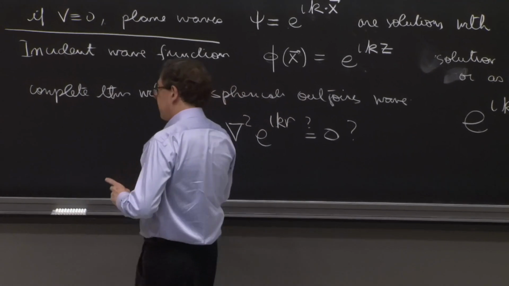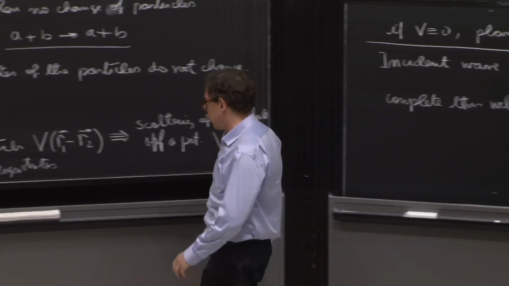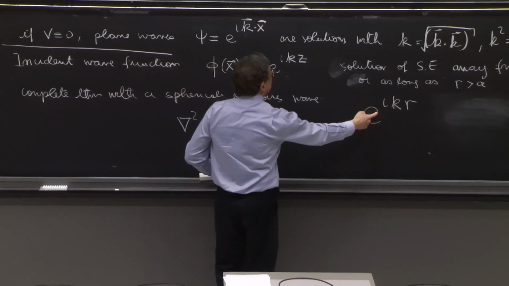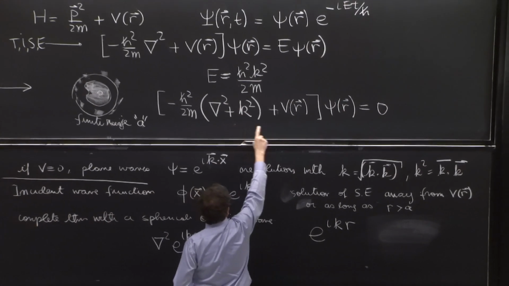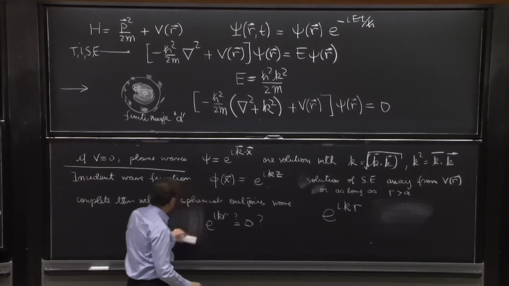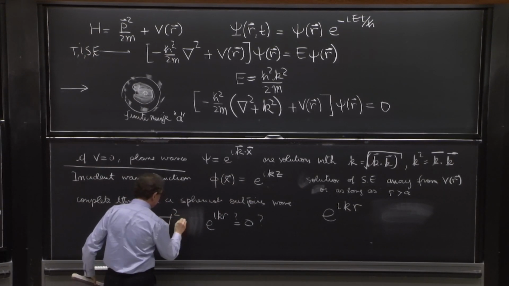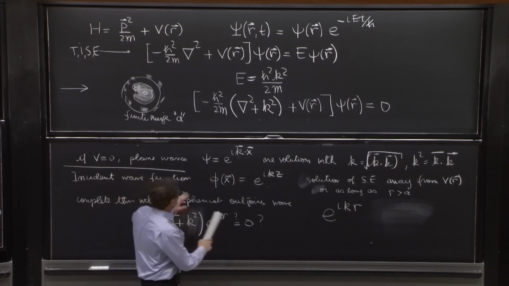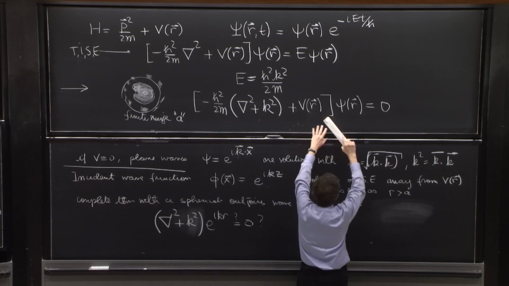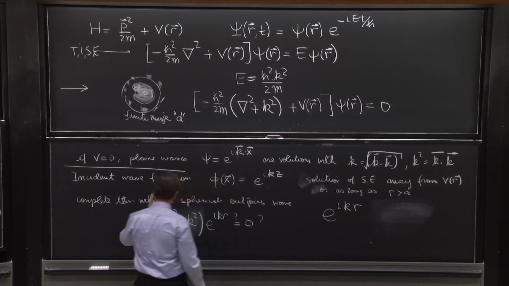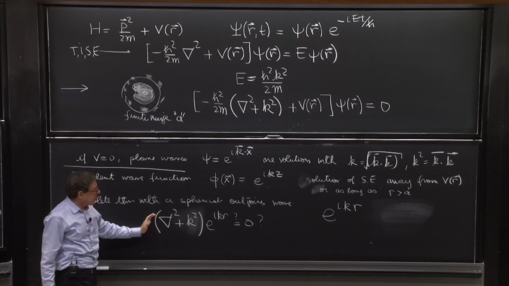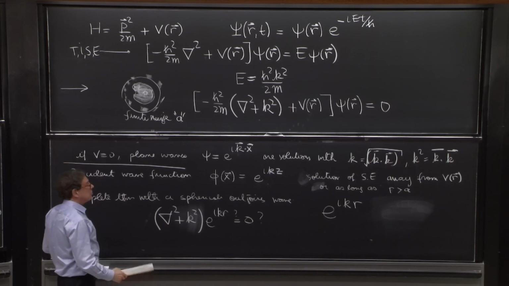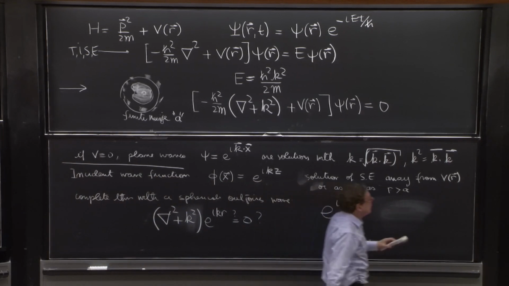Oh, I'm sorry, I didn't write this well. If you are going to have this be a solution of the Schrödinger equation outside, where V of r equals 0, you should have the Laplacian plus k squared of this thing equal to 0. So if this is equal to 0 and the potential is equal to 0, the whole thing is equal to 0. So we need this to hold. But even this one, of course, is not true. It's just absolutely not true. The one that works is the following.